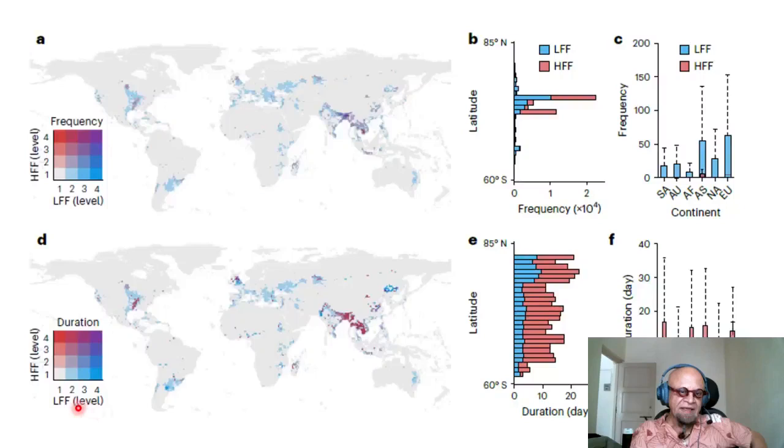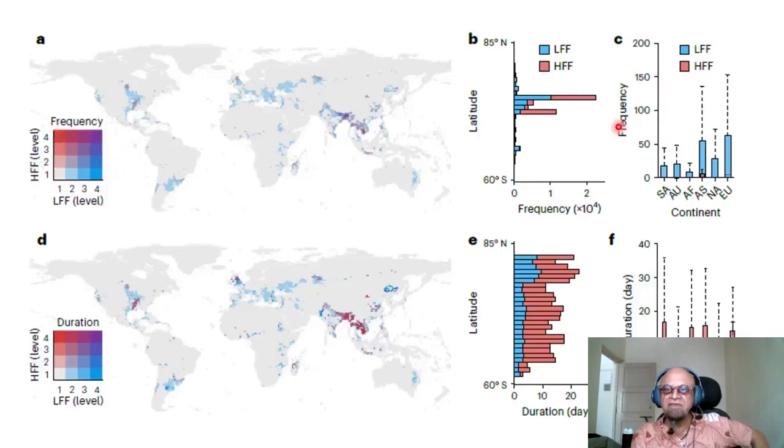If you look at LFF level versus HFF level and durations, here frequency, so you can be sure what you are looking at. So the scales are going towards increasing LFF level and increasing HFF level in reddish colors, LFF levels in bluish colors, and duration going from reddish to purplish or mixed red blue colors here, and similarly HFF going up, LFF going up, and frequency going up.